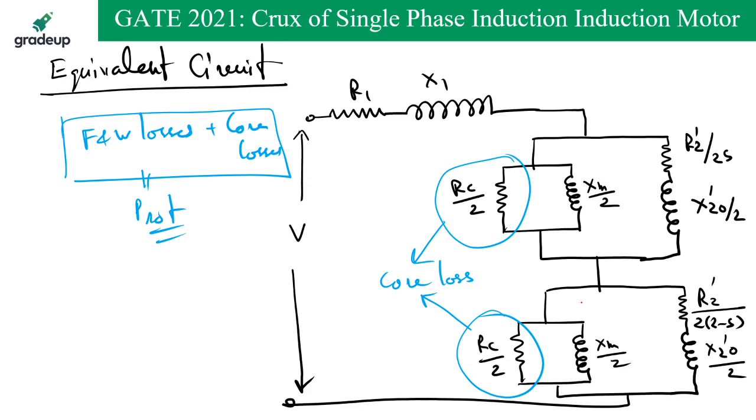The magnetizing reactance XM, we are going to divide into two parts, XM by 2 and XM by 2. Parallel to this, we are going to connect half of the rotor circuit resistance and reactance. For example, this is the forward field.